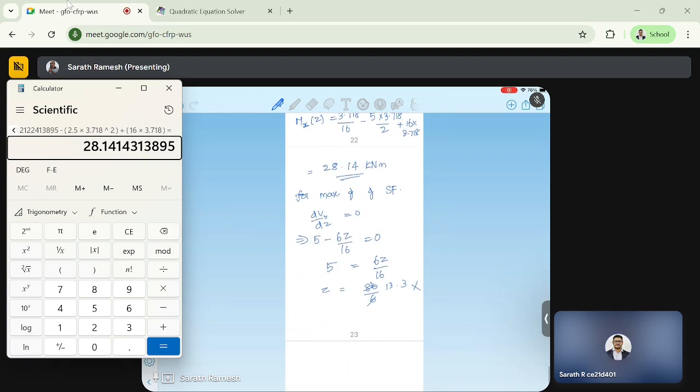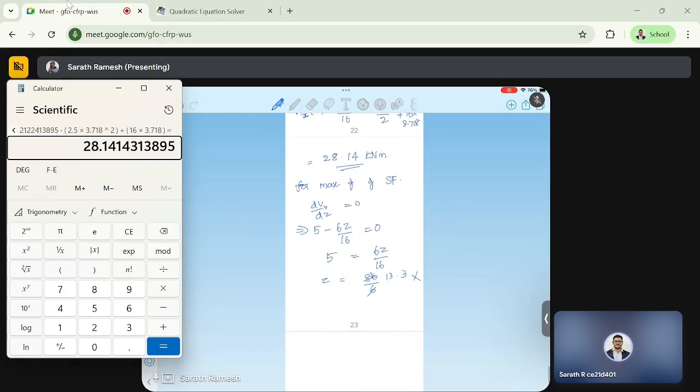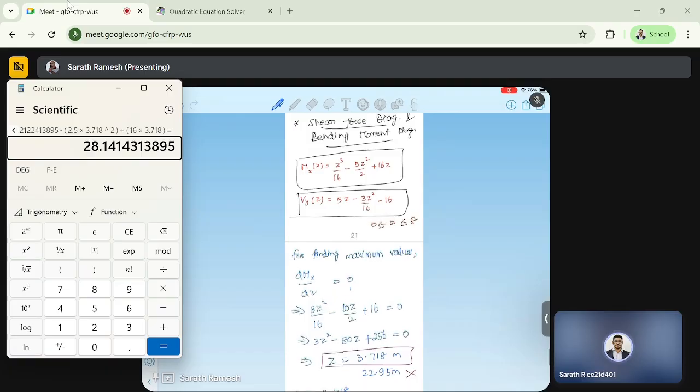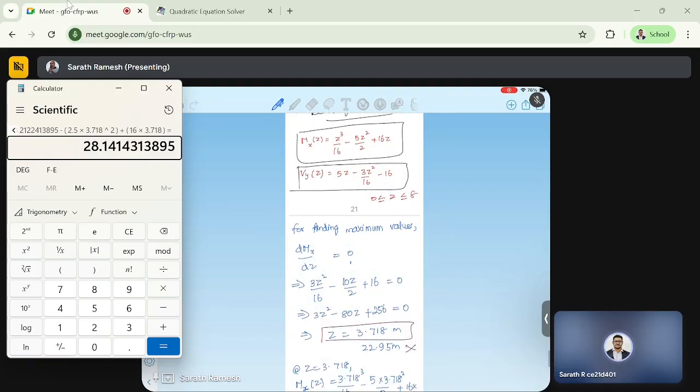By the way, is there any place where my shear is getting 0? Because we have a maximum value of bending moment, at that point the slope will be 0, so my shear force will become 0.